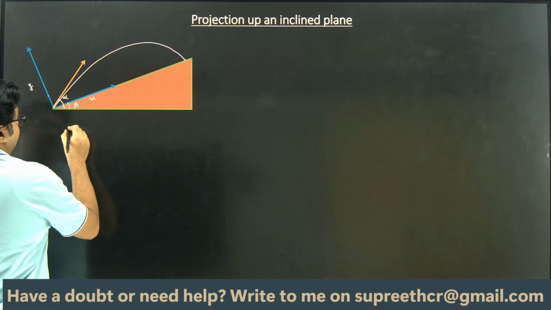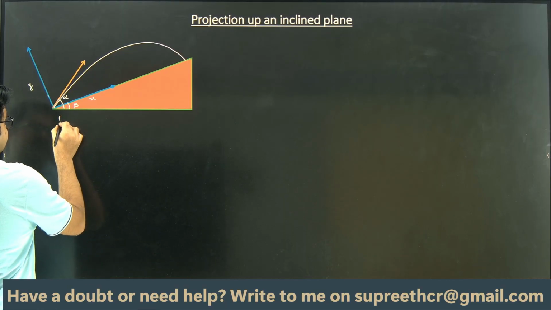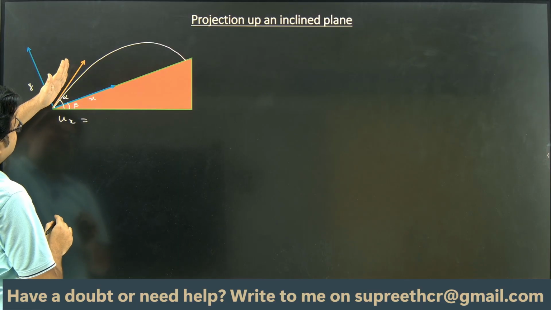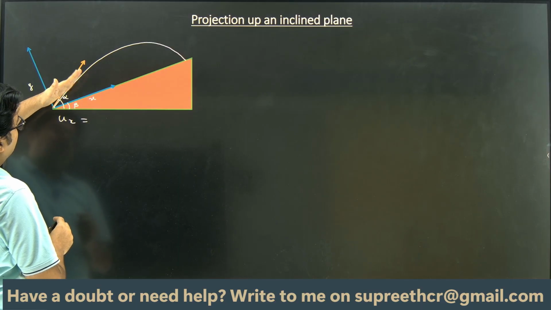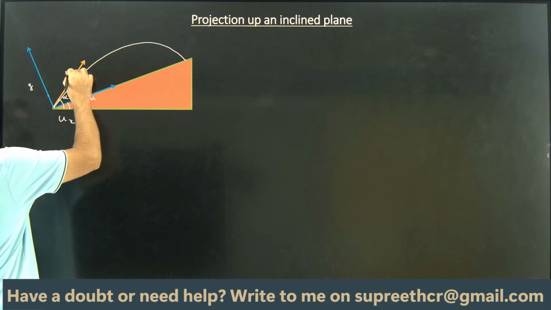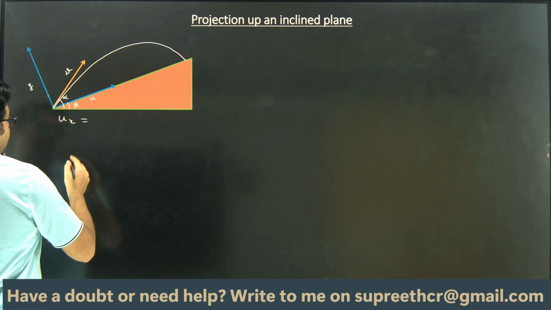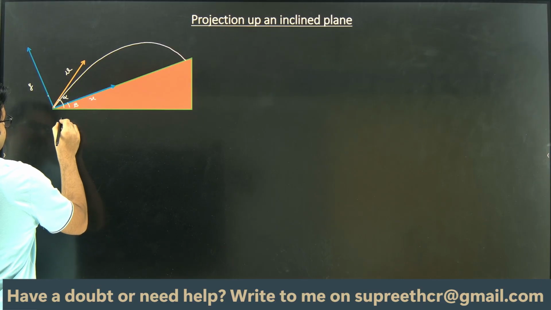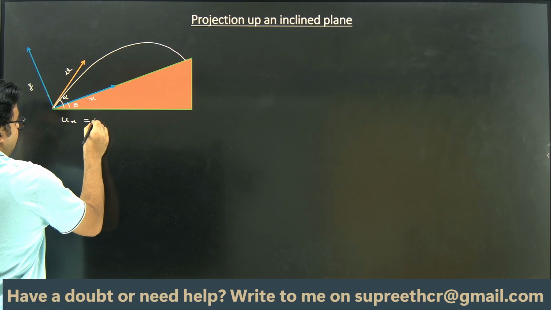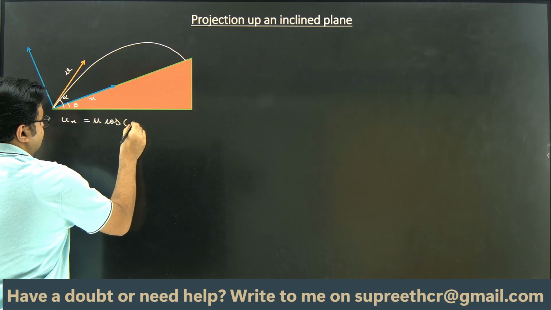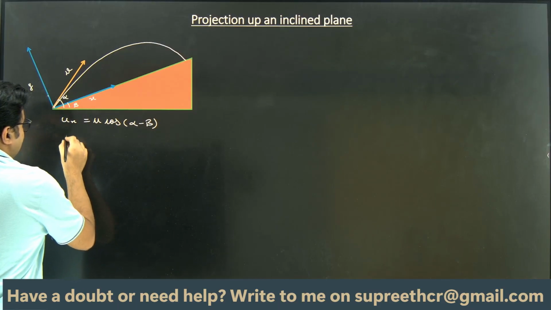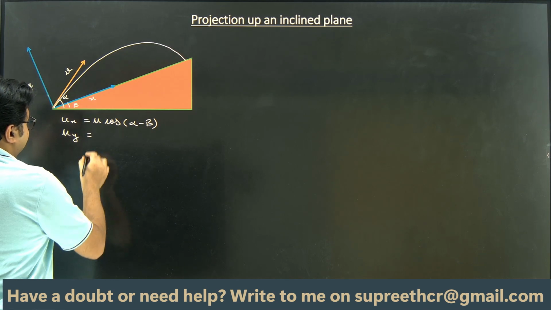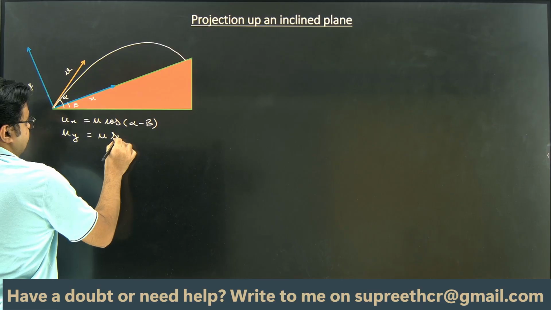So we have ux, right? Initial velocity along the x direction. The initial velocity along the x direction, dear friends, is u cos of alpha minus beta, because that is the initial velocity u. Ux is u cos of alpha minus beta, and then you have uy, the initial velocity along the y direction, which is u sine of alpha minus beta.